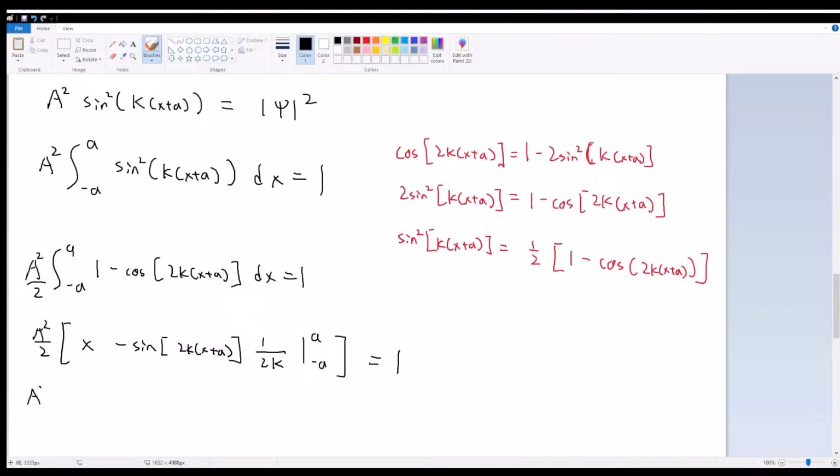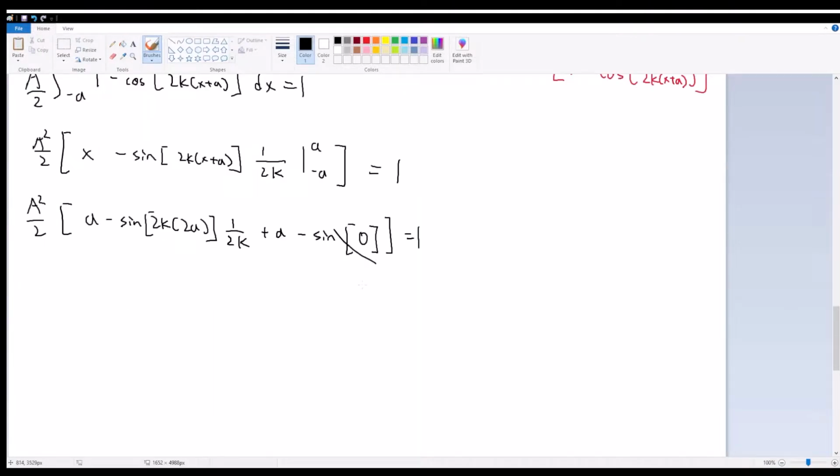Then we have A squared over 2 times a minus sine of 2k times 2a, times 1 over 2k, subtracted by negative a, so plus a, minus sine of 2k times 0.